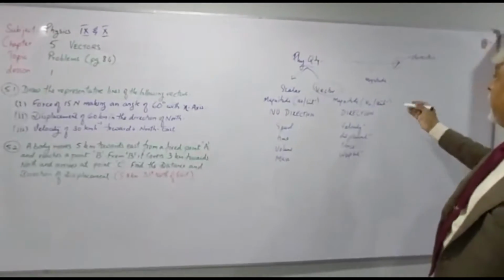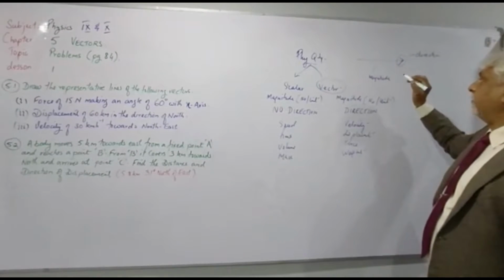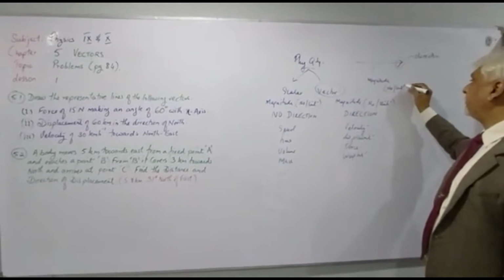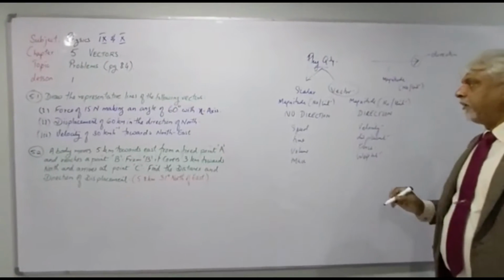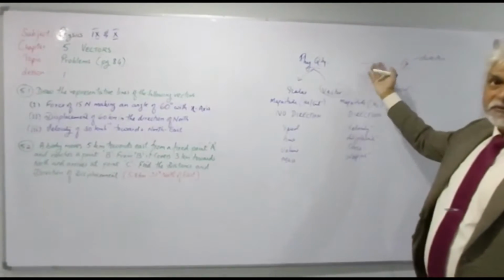So the arrowhead indicates the direction and the length of the arrow indicates the magnitude. It must have a number and unit for its specification. So this is how a vector is represented by means of an arrow.